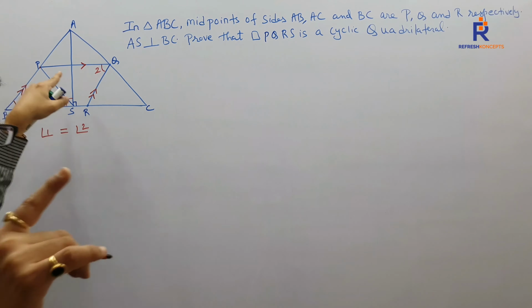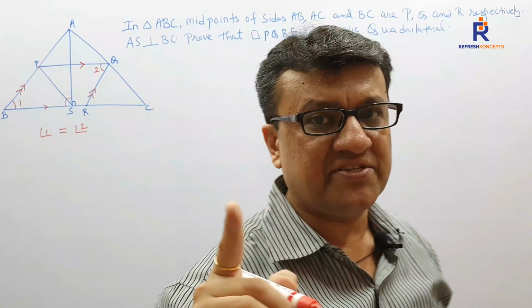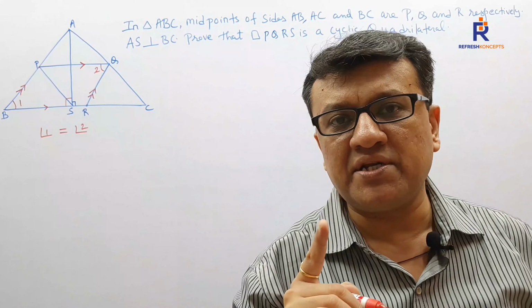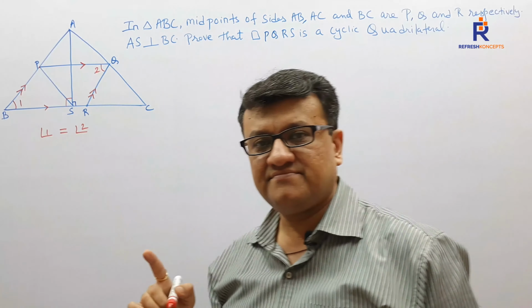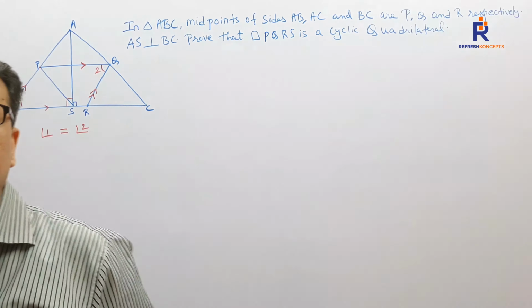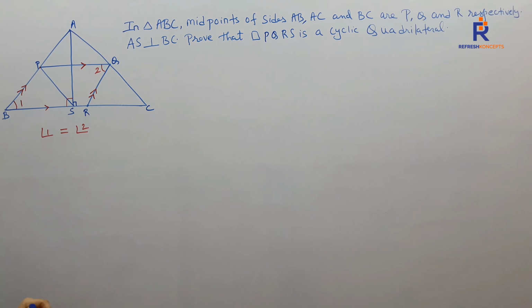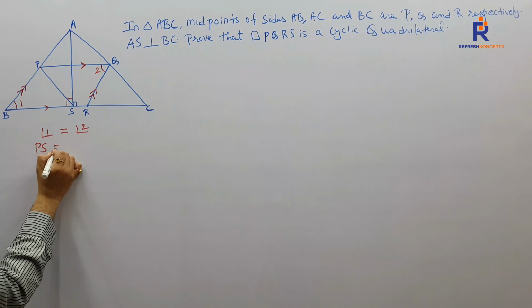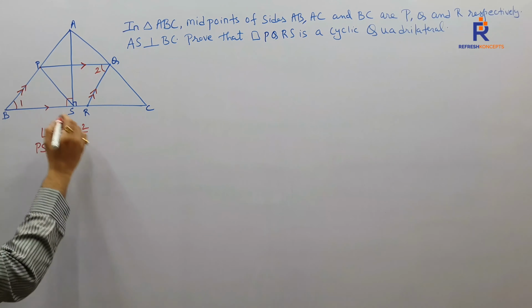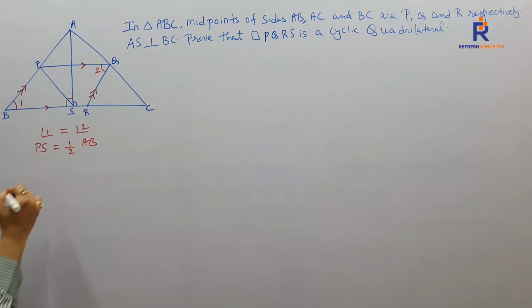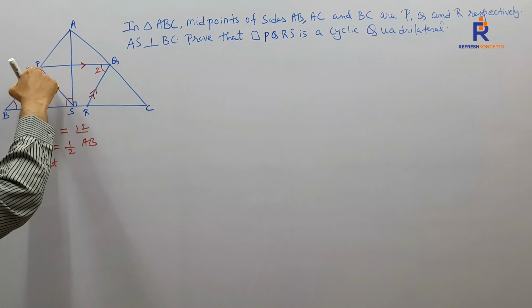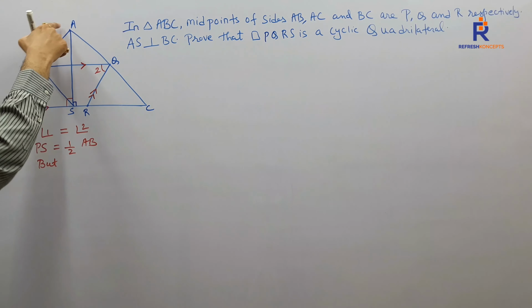We have one theorem. In your lower classes, you all have done this. In a right angle triangle, the median drawn to the hypotenuse is half of it. So who is the median? PS is the median. It is half of the hypotenuse. Who is the hypotenuse? AB. But already AP is equal to PB, which is half of AB.